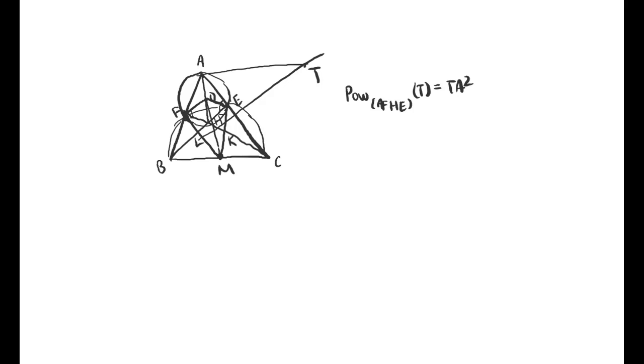So, just going back to what I said before but working forward this time, MF and ME are tangent to the circumcircle of AFHE.